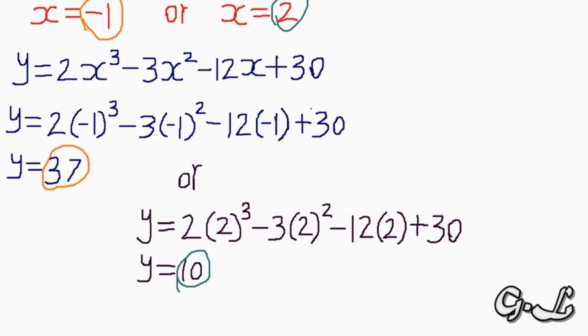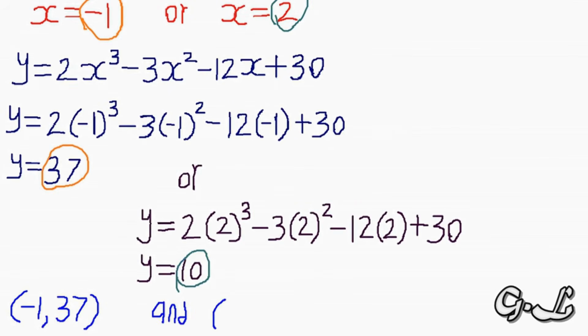The next thing that we're going to do is write what they want us to find. They wanted us to find the stationary coordinates. So in such a case, we have -1, 37 and 2, 10.